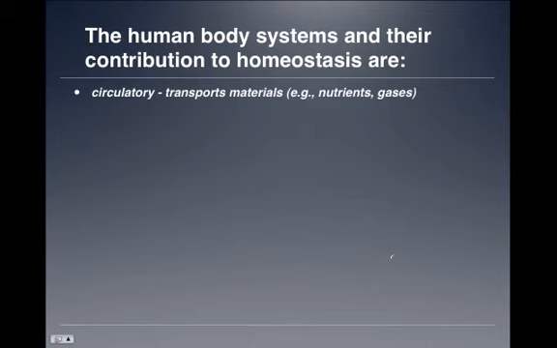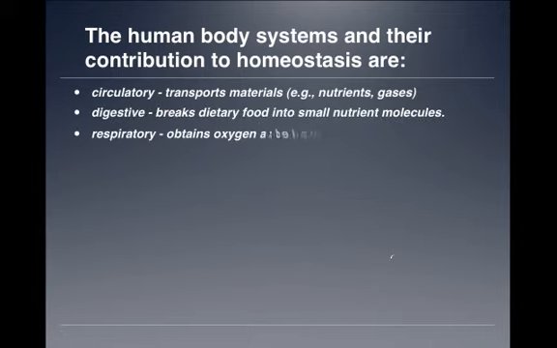So our next system is the digestive system, and the digestive system, of course, is important for breaking down food that we take in into smaller nutrient molecules, so eventually, again, that food can be absorbed. The respiratory system is important for actually obtaining oxygen and getting rid of this waste product, carbon dioxide.